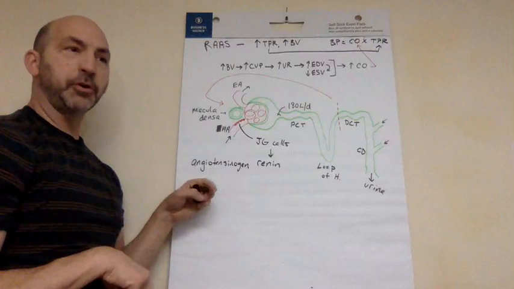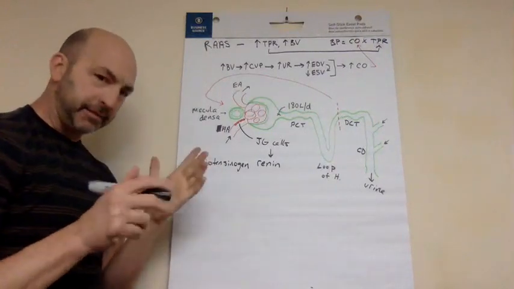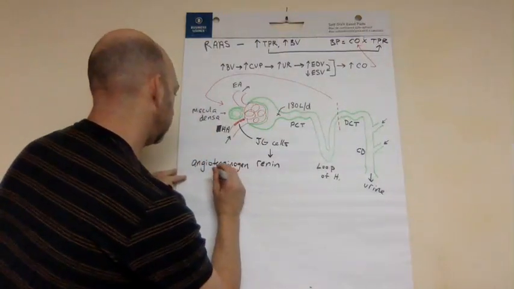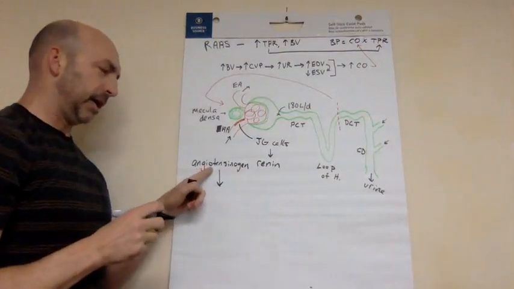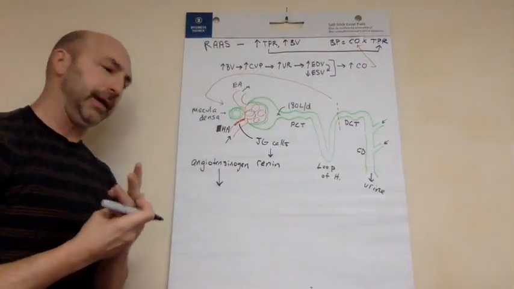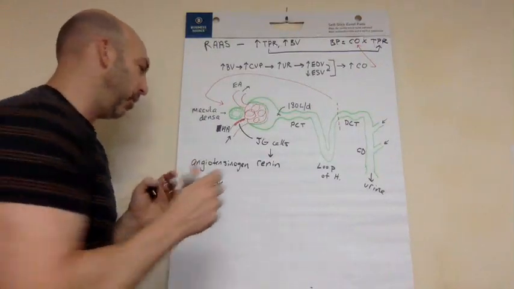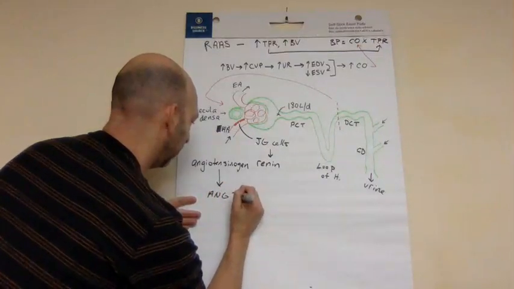It's produced by the liver, circulates in the plasma, and is inactive. Renin acts on angiotensinogen to cleave, and this guy is big, but what it's going to do is cleave a decapeptide, a 10 amino acid sequence known as angiotensin 1, which we'll abbreviate as ANG1.